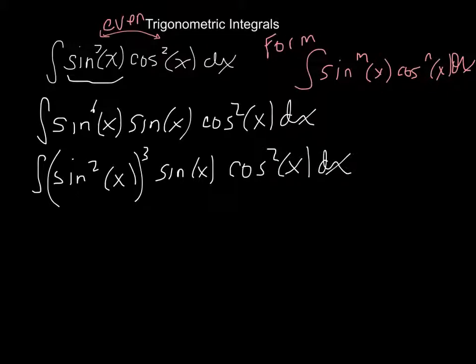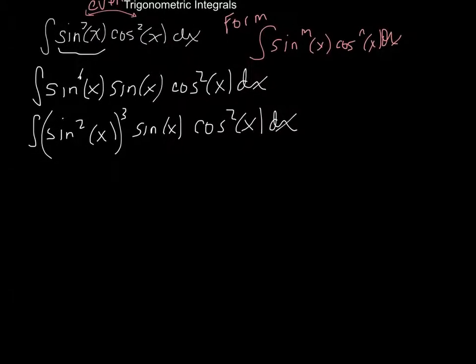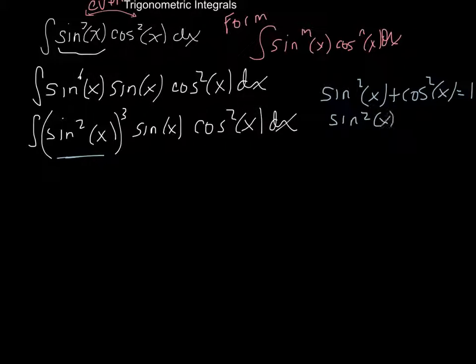And again, the reason we really like to do that is because I have sine squared x plus cosine squared x equals 1. So I can substitute and write sine squared x equals 1 minus cosine squared x. So that's what I'm going to do for that piece right there.